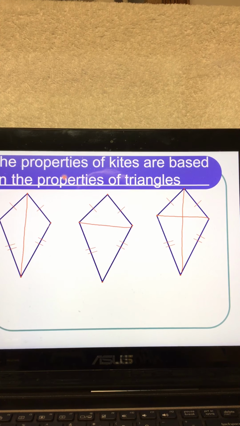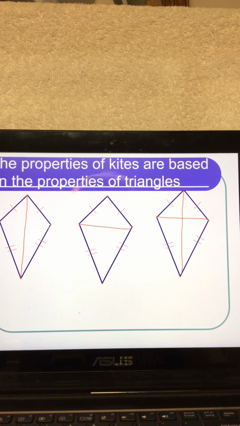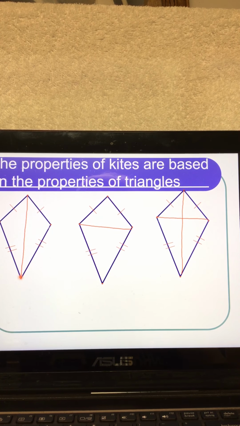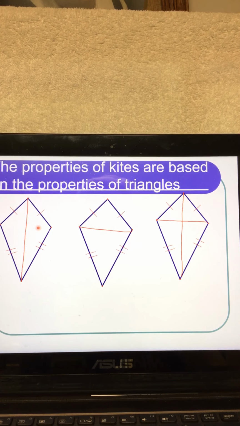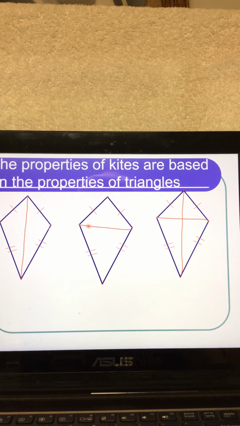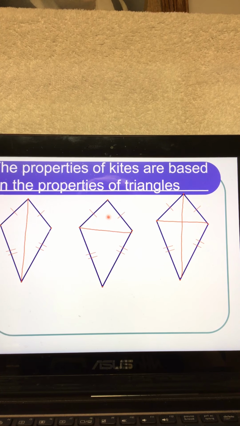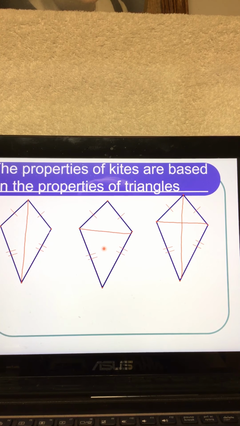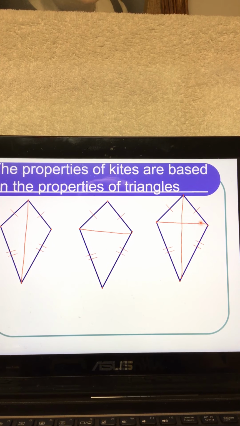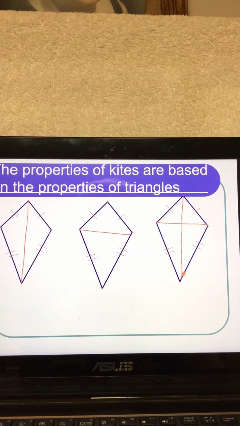The properties that we're going to talk about today of kites are based on the properties of triangles. If I put the one diagonal in here, we're going to find out there's some properties. We can put that second diagonal going across this way, and there'll be some other properties that we'll figure out. And then what happens if we put both diagonals into the kite?